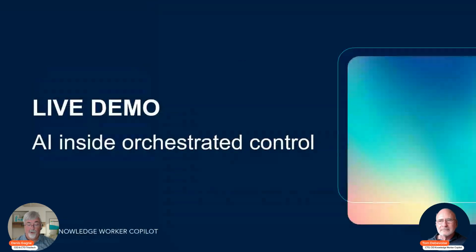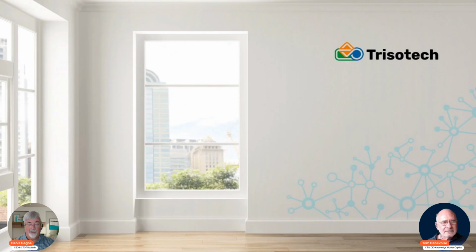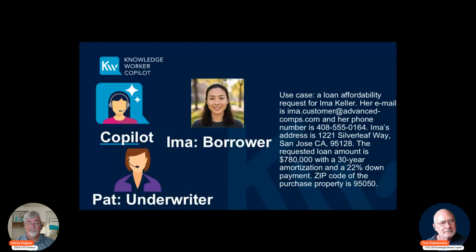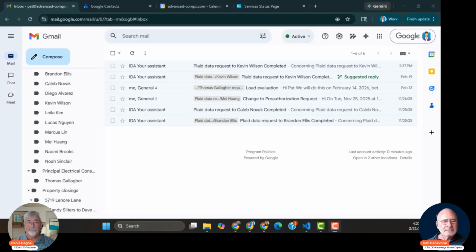Let's start with a quick demo of what we're talking about here. Use the Knowledge Worker Copilot to initiate a loan affordability request for Ima Keller. We are currently in the Google Workspace account for our underwriter, Pat. This demonstration will showcase the capabilities of the Knowledge Worker Copilot agent.